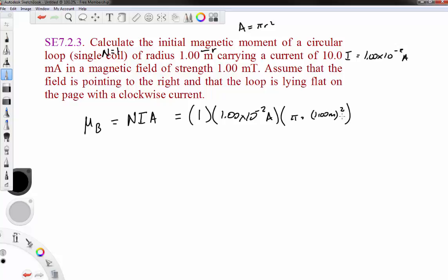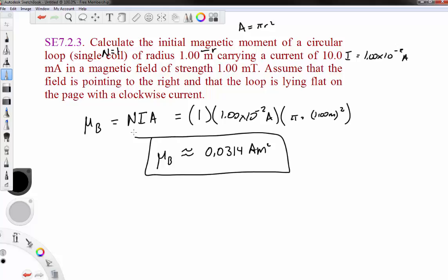If you multiply all those things out, what you end up getting is basically pi times 10 to the minus 2, or mu sub b is approximately 0.0314, and the units are amps times meters squared. So amp meters squared. And that is it for the magnetic moment.